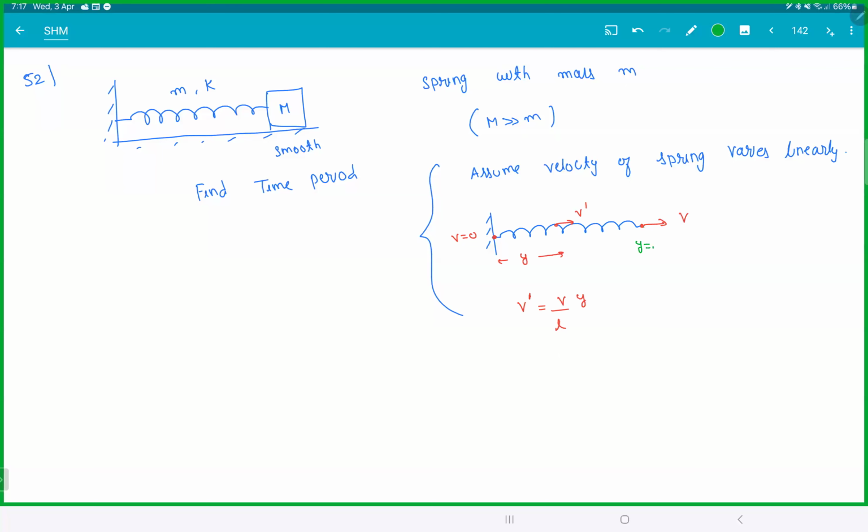So at this point y is equal to L, and at this point y is equal to 0. So every point on the spring will have a different speed. This information has to be given, that the velocity varies linearly on the spring. Now how to solve? I gave you this much information. Get this with the energy method.